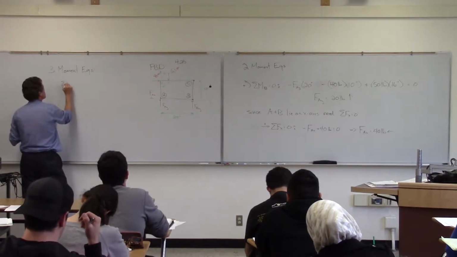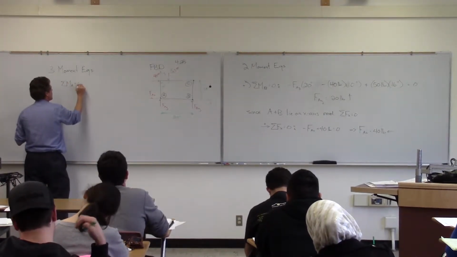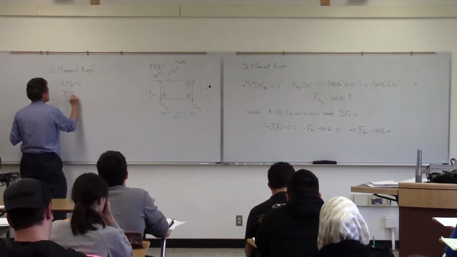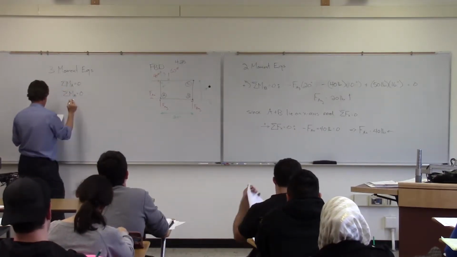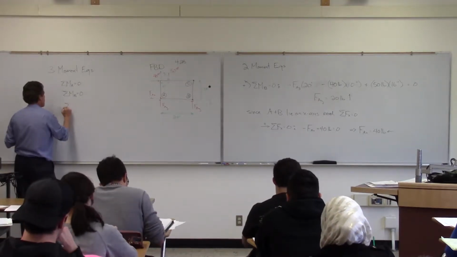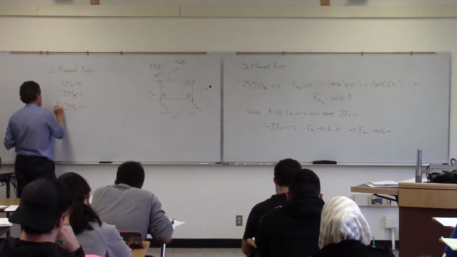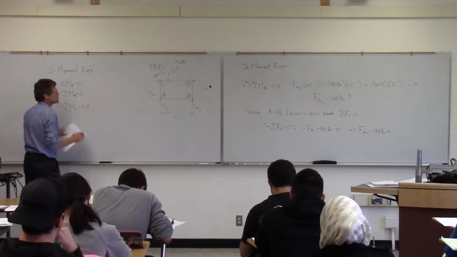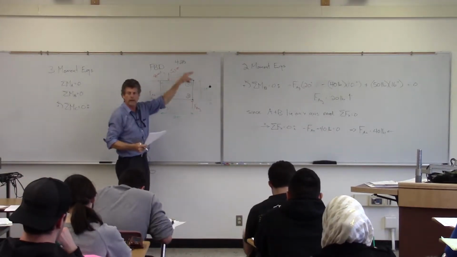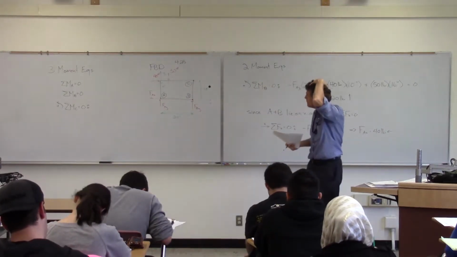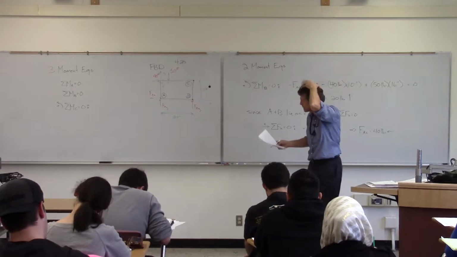So as before, sum of moments at A were equal to 0. Sum of moments B, we just got done doing that one. So we can set up a third equation now by taking a point C, again, a point that we have some measurements, so we can measure perpendicular distances and that sort of thing too.